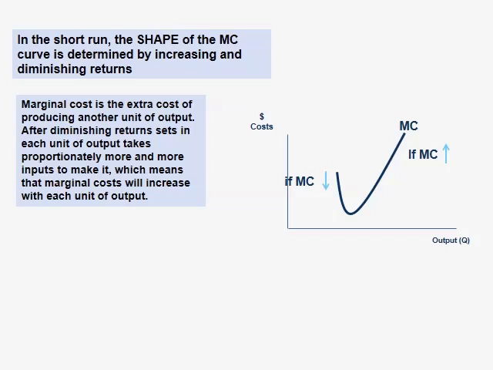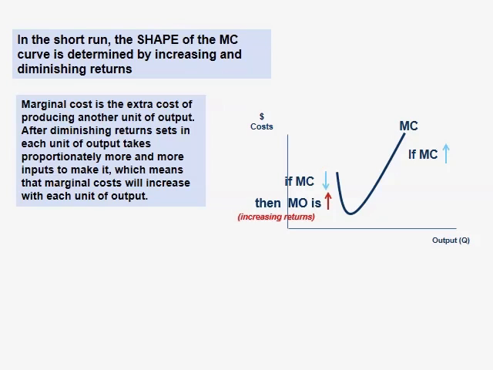And remember, the marginal cost is the extra cost of producing another unit of output. Now, we notice first that as output increases initially, marginal cost decreases. And we know if marginal cost is decreasing, that marginal output is increasing.